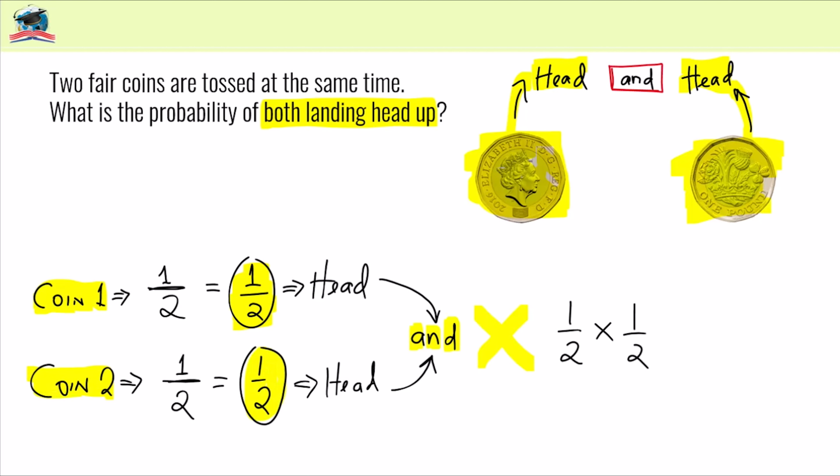We have numerator and denominator, so we multiply the numerator and also the denominator. The numerator will be 1 times 1, and the denominator will be 2 times 2. 1 times 1 is 1, and 2 times 2 is 4. That is our answer: 1 over 4. Beautiful.